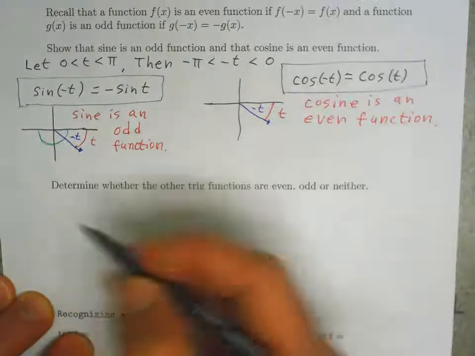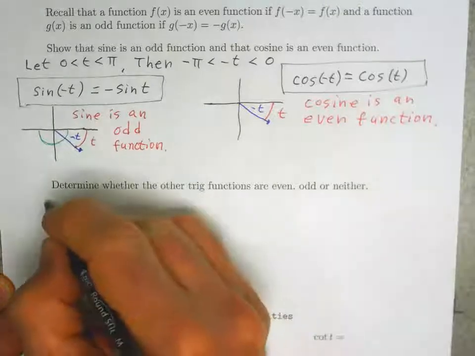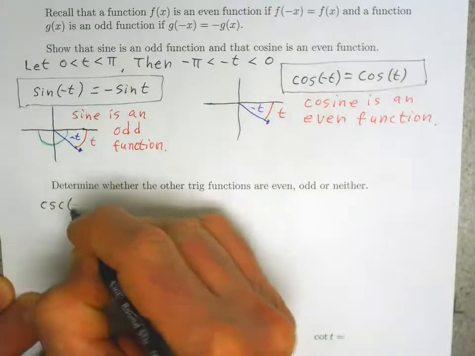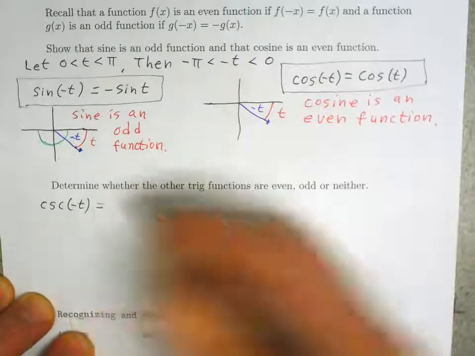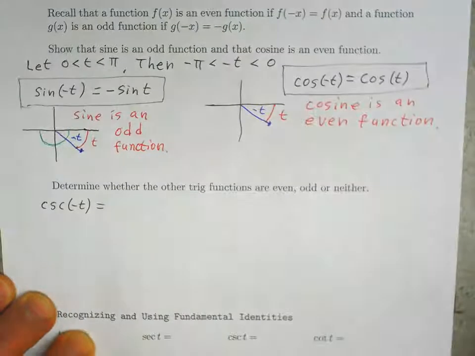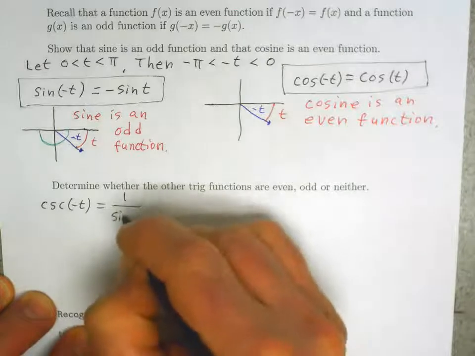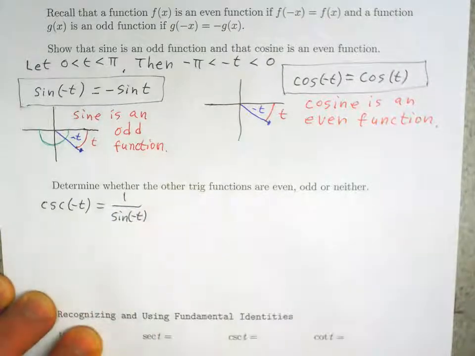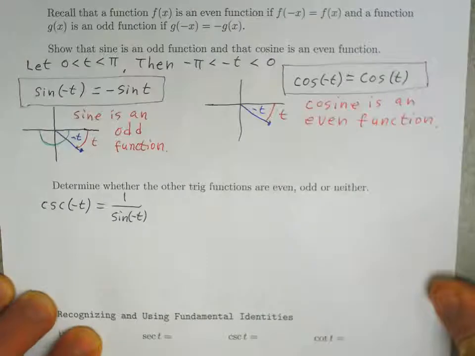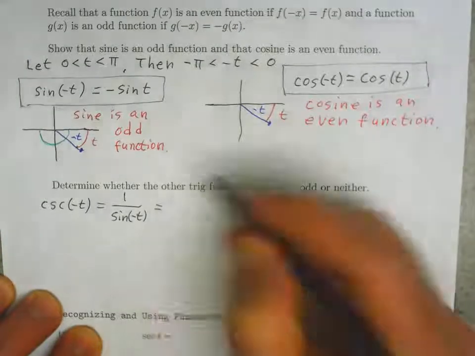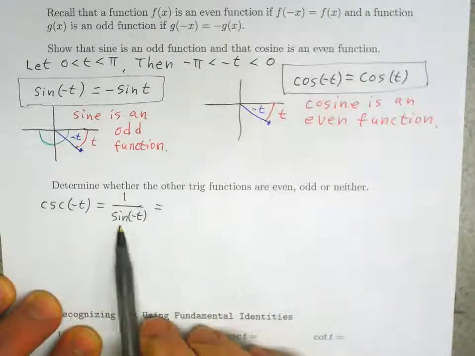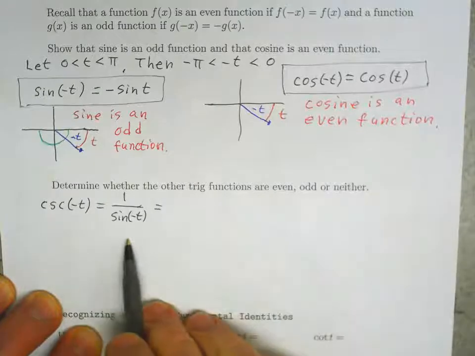So let's start with cosecant. So cosecant of negative t. Well, that's equal to 1 over sine of negative t, because cosecant and sine are reciprocals. And we know that sine of negative t equals negative sine of t.